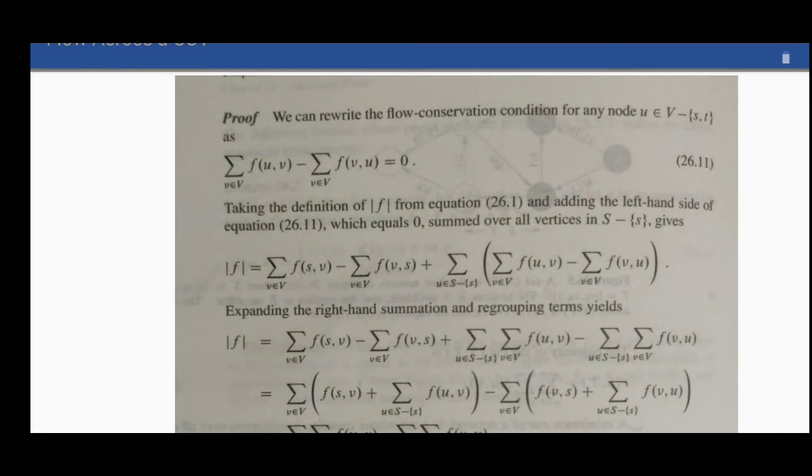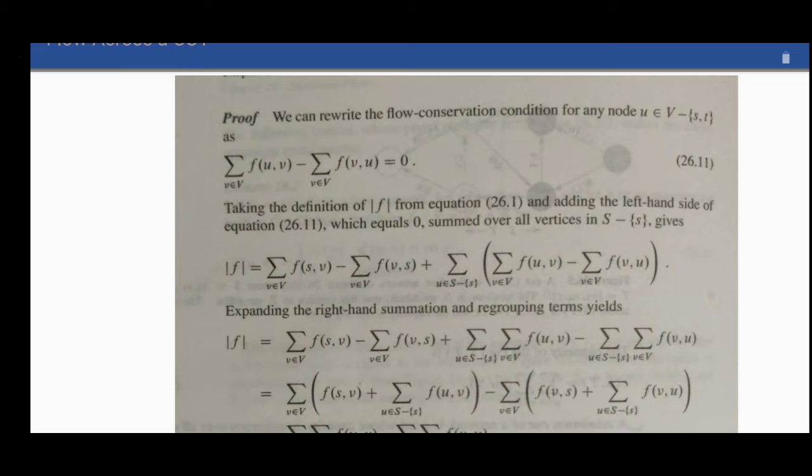That is, we had this flow across a network as we have defined as summation of f of SV minus summation of V belonging to capital V, f of Vs, and to that you add the above equation which sums up to 0 for all vertices V minus S T. Now this is a mathematical convenience we are using. Expanding the right hand summation and regrouping the terms, we get the below term here.